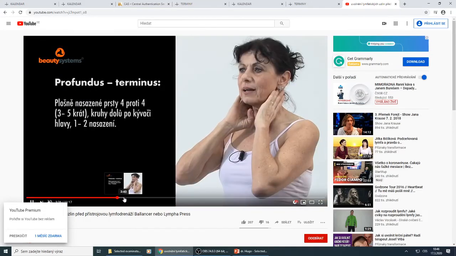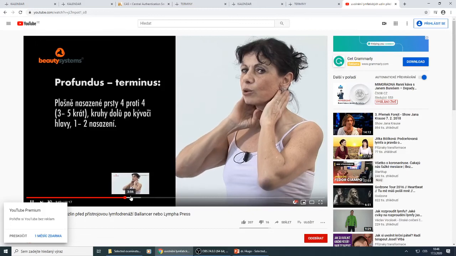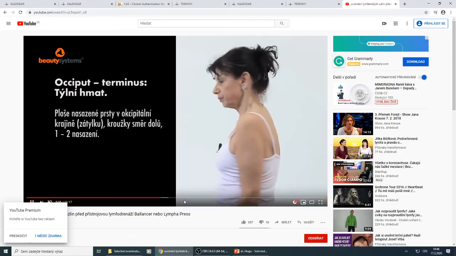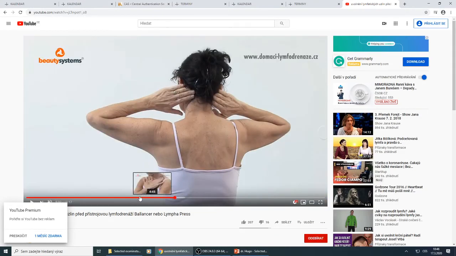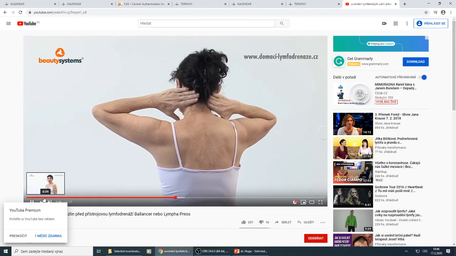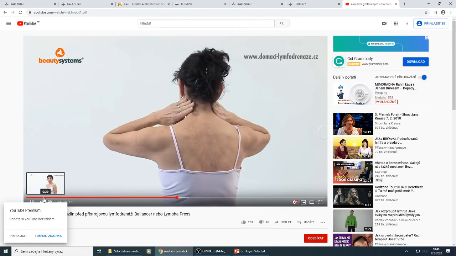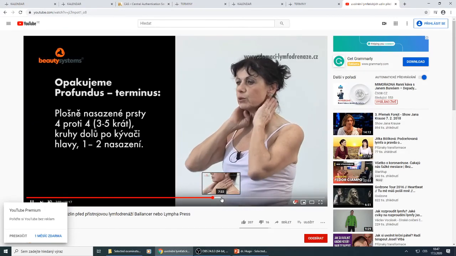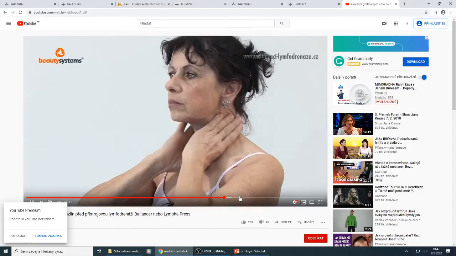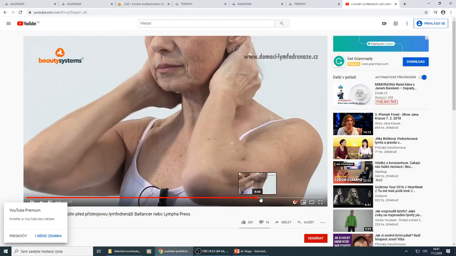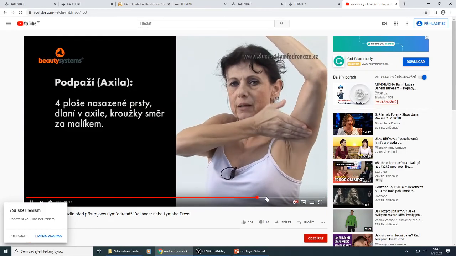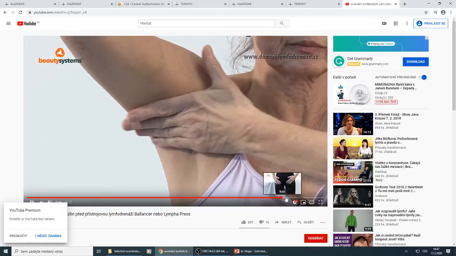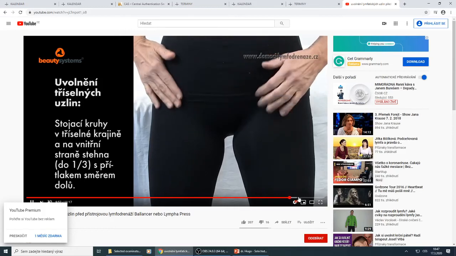But if I show you, this was the region around the neck, but then you use a little bit different movements if you want to affect the higher part or a region around ears. So you see that you use some movements to open the valves to prepare the system. So different movements.